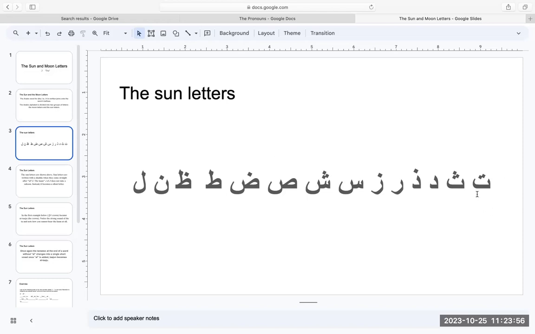For example, if we want to add alif lam to a word that starts with the letter ta, like the word tawbah, we will say at-tawbah. Or the word thawb, we will say ath-thawb. Or a word starting with the letter dal, like dar, we will say ad-dar.